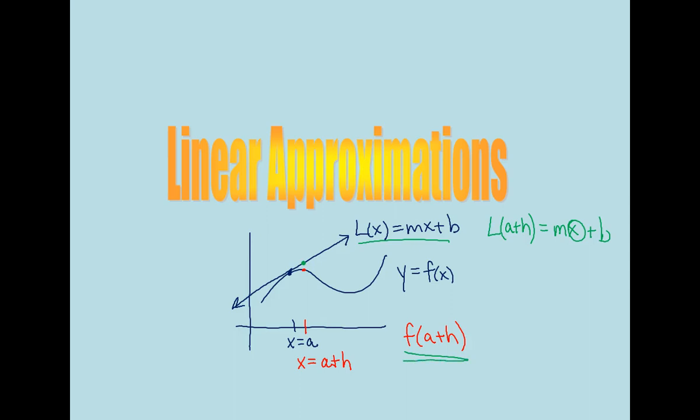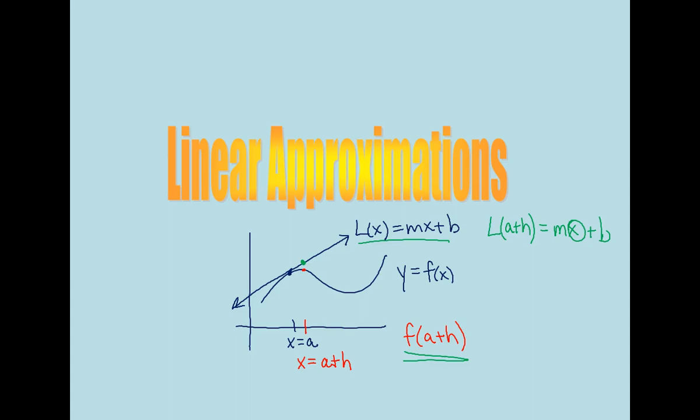This would just be an estimate of the actual value of f of a plus h. But sometimes it's easier to evaluate a function if you linearize it around a point and use that linearization to find the value rather than plugging back into the original function. That's called a linear approximation.